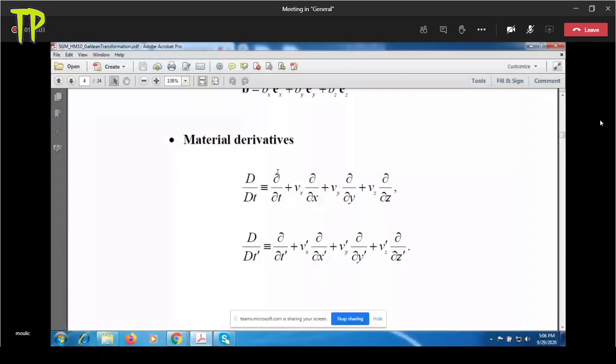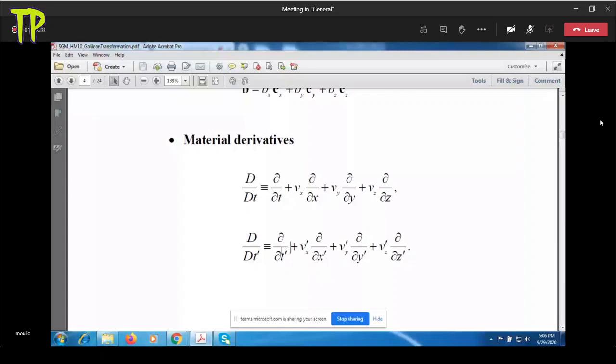As an engineer, you're measuring quantities at two different points. In the first case, del del t is the time rate of change at a measurement point which is fixed in the ground frame. And del del t prime is the time rate of change at a measurement point which is moving, but fixed in the translating frame. So the physical meanings of these two are different.